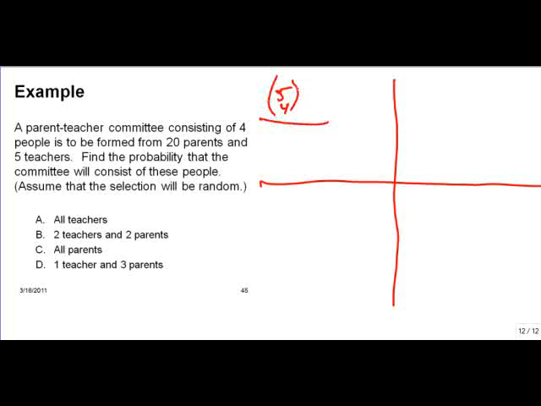Divided by all possible outcomes. Well, what's the total pool of people that we have? We have 20 parents and 5 teachers, so a grand total of 25 people in our pool, and we want to choose 4 of them. So the probability that we select all teachers is 5 choose 4, divided by 25 choose 4.